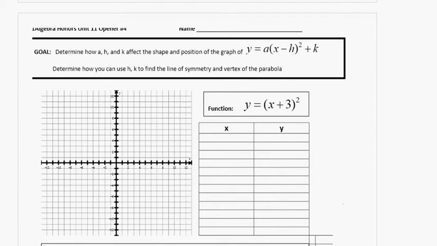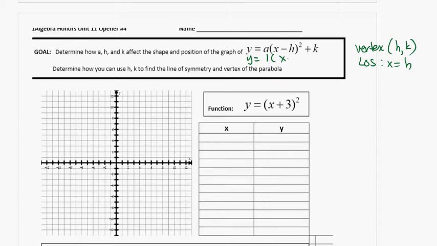Okay, so I'm going to start predicting now. Again, just to recap from before, I thought my vertex had something to do with h, k, and that my line of symmetry was x equals h. So rewriting this function in a, h, and k format, this would be y equals 1 times (x plus 3).